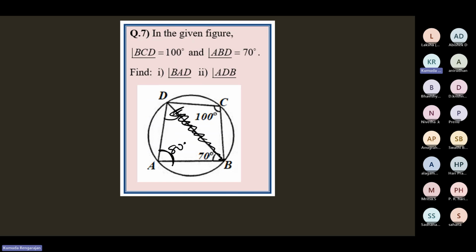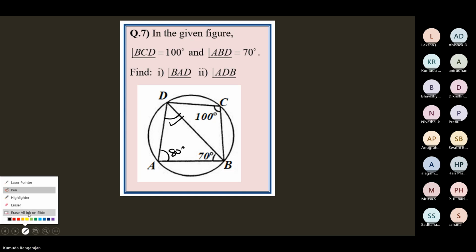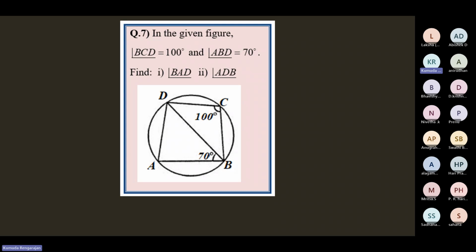ADB is this angle. Since we know this is 80, in this triangle, using the angle sum property, you can find ADB. First we find this using the property that in a cyclic quadrilateral, opposite angles are supplementary. Then to find this angle, the angle sum property in a triangle.